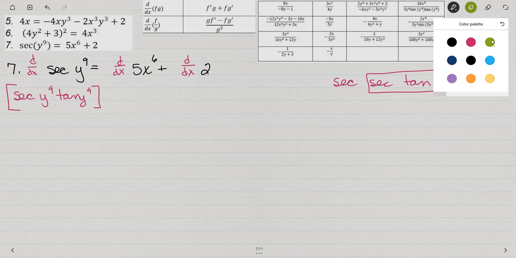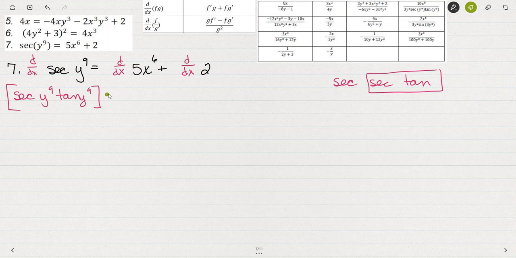And then I've got to chain that y to the 9th. So times the derivative with respect to x of y to the 9th.